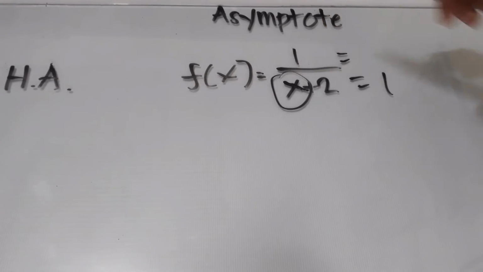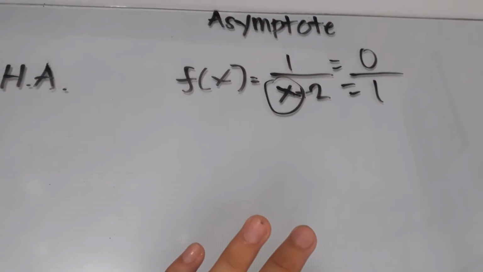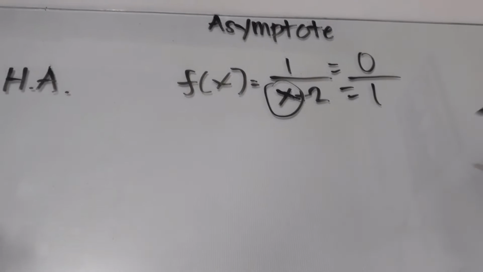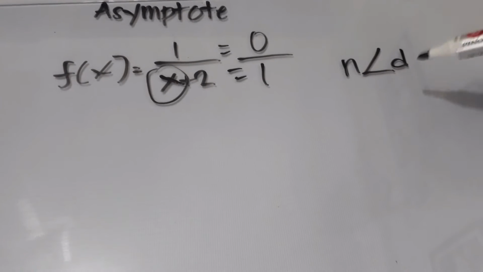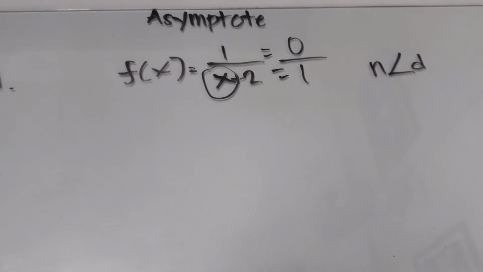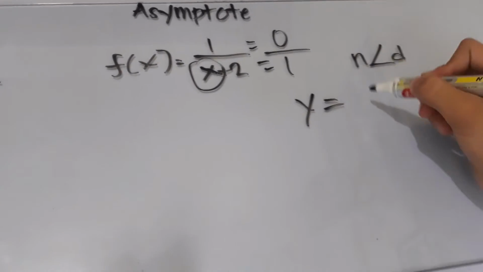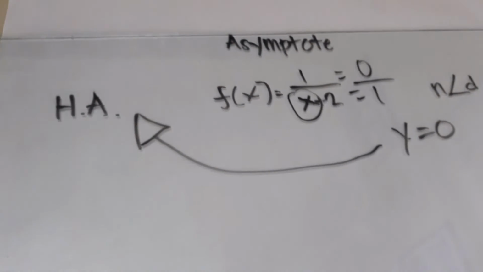Well, this has no variable, so its degree will be 0. Now, which is greater? Yes, our denominator is greater than the numerator. So, our y will be equal to 0, and that will be our horizontal asymptote.